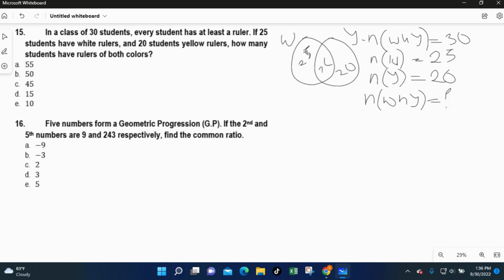Now, we have some set notation we use in solving questions like this.